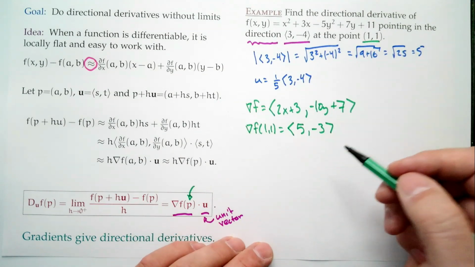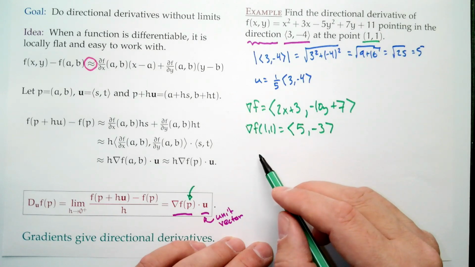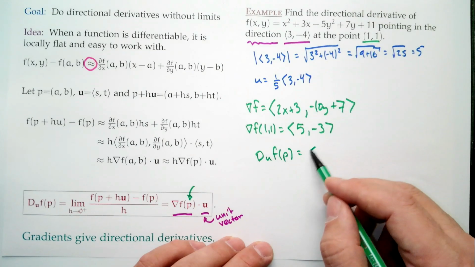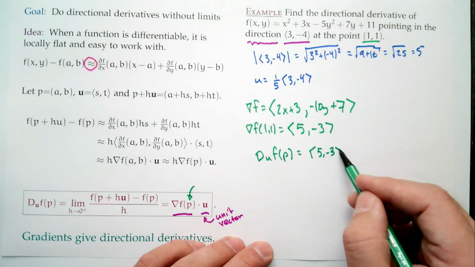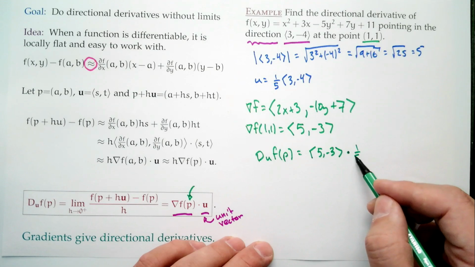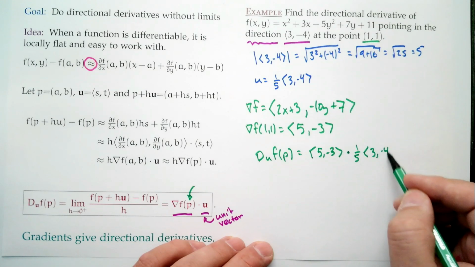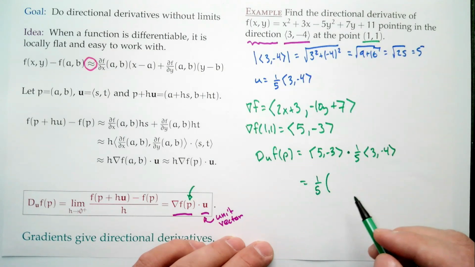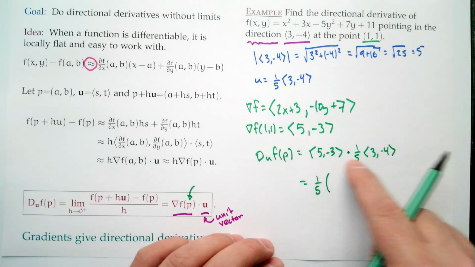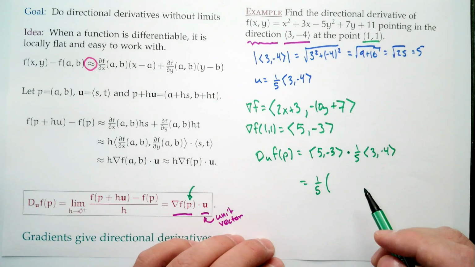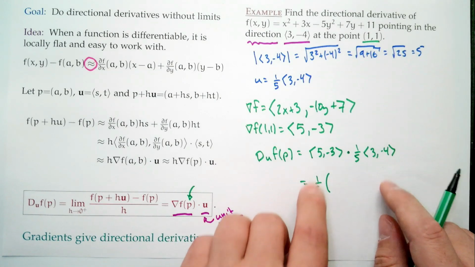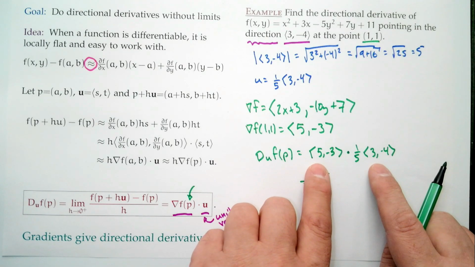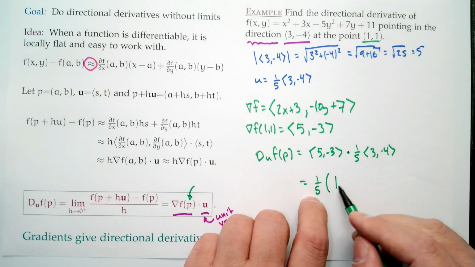So, last thing is we take the dot product. So, the directional derivative, D_u f at p, is 5 comma negative 3 dotted with 1/5 times 3, negative 4. Well, okay, the 1/5 can come out. Now we get to remember dot product. How do we take 5, negative 3 dot 3, negative 4? Well, we multiply the coordinate entries. 5 times 3, 15.